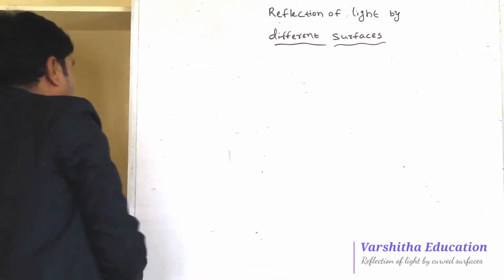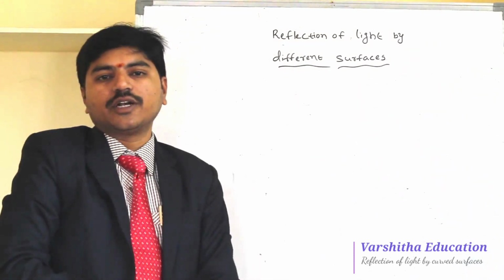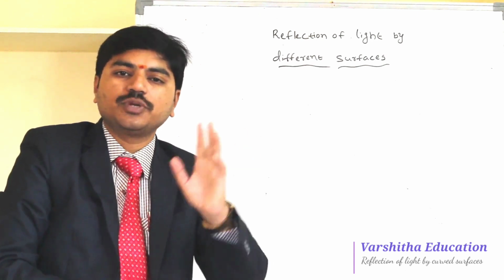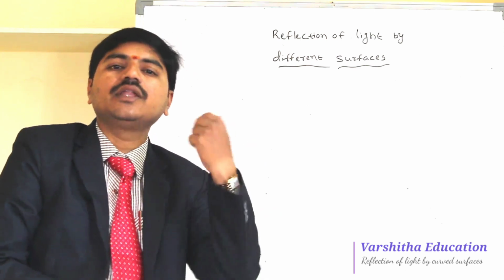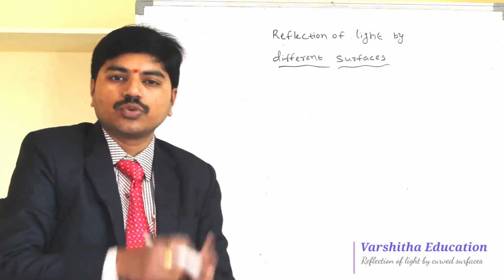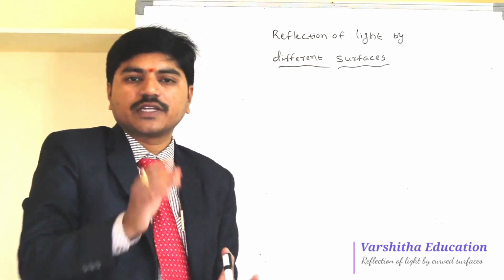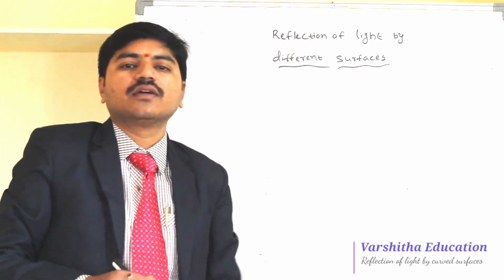So what do you mean by real images and virtual images? A real image is nothing but one which can be captured on a screen. One which cannot be captured on a screen is called a virtual image. So what is the difference between real and virtual images? For example, any projector is ready to project a film on a screen.